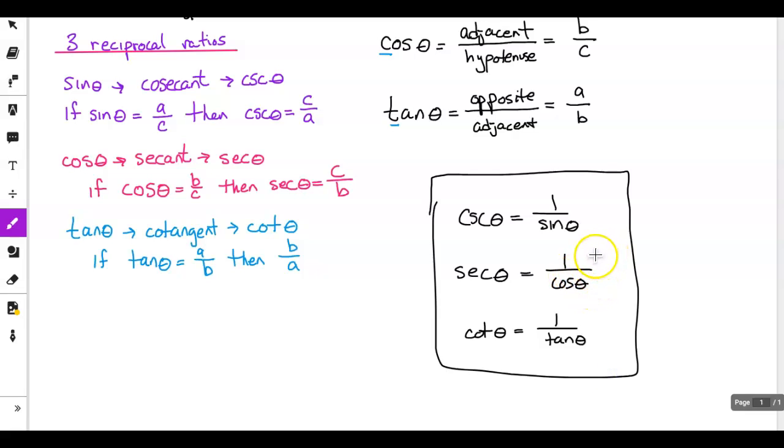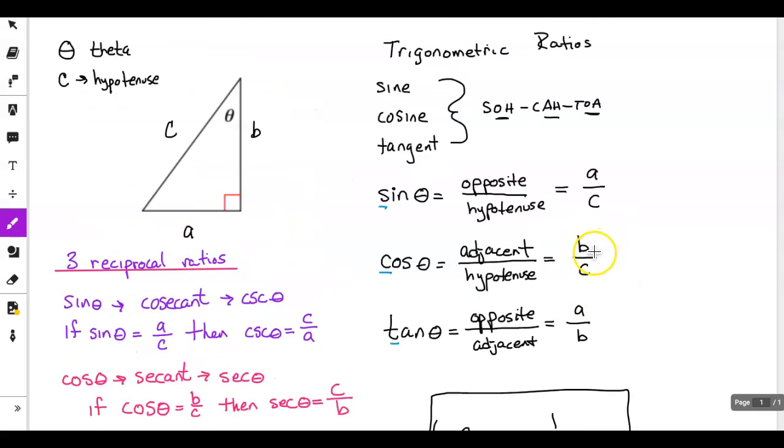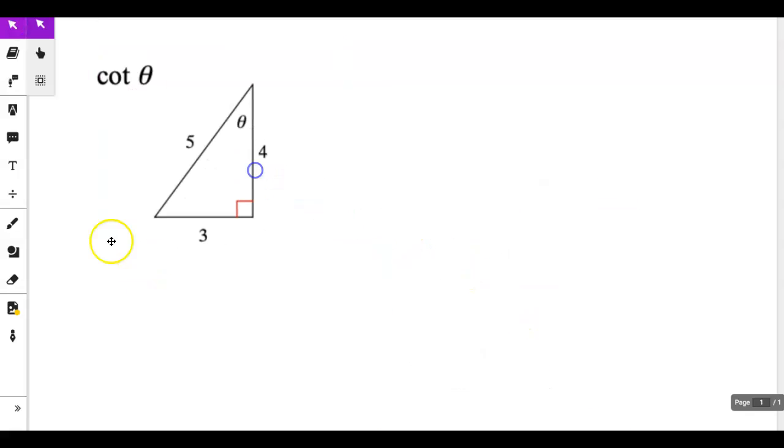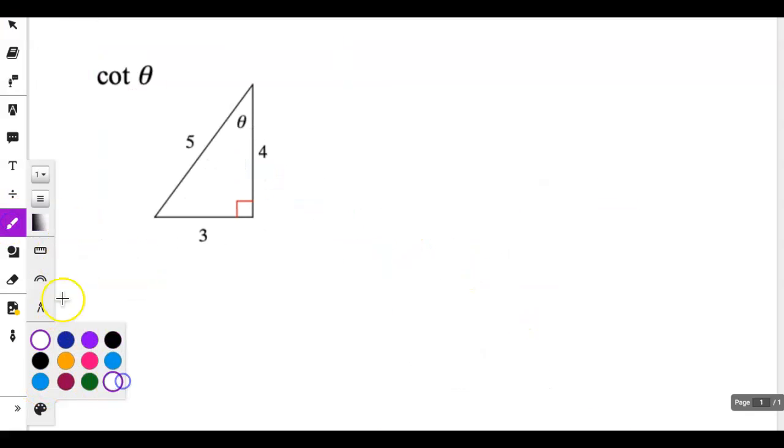Now I'm going to grab a right triangle and steal one I have. I want you to ignore the fact that it says cotangent; I'll erase it with a white pen.